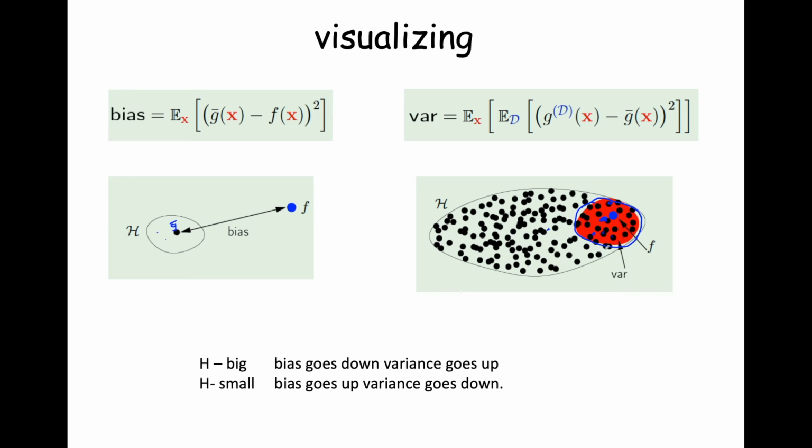But the variance, the set of alternatives, is going to get much, much larger. So a big hypothesis set means that your bias will go down because it's more descriptive, but the variance is going to go up. And so you need to strike that balance between the bias and the variance. The sum of the two needs to be small in order to generalize well out of sample.